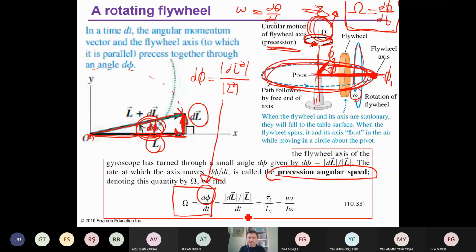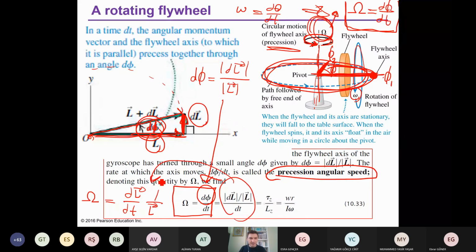So what is dL over dt? Just look at this one. This is the torque. Okay? Torque around the z-axis. Okay? And this is the Lz.